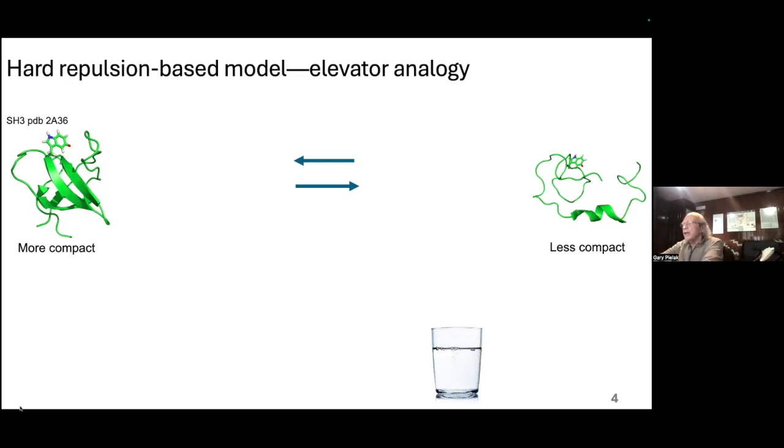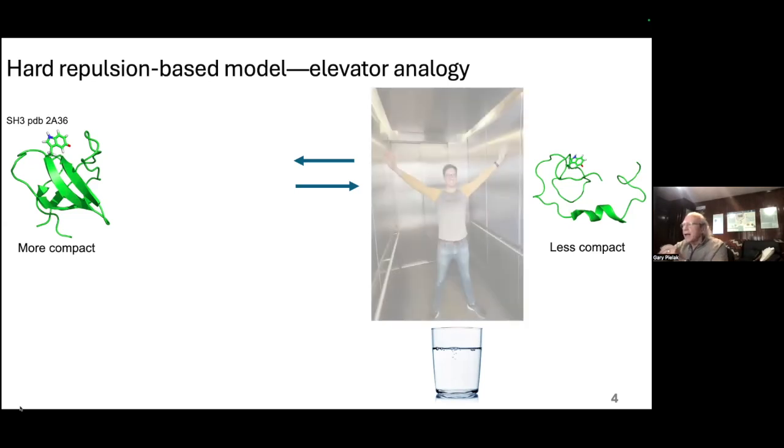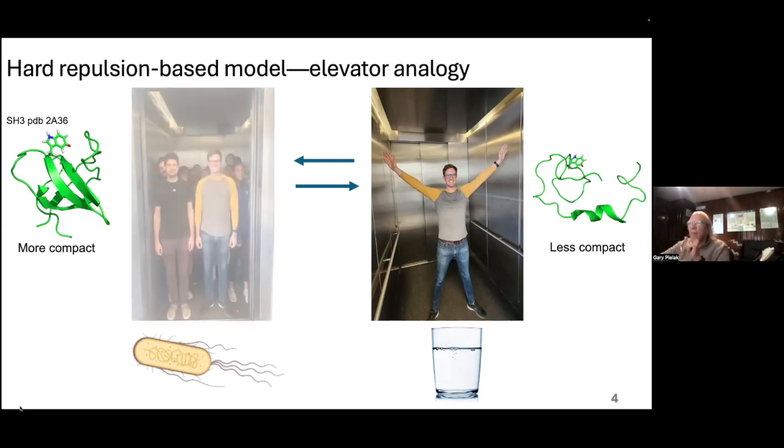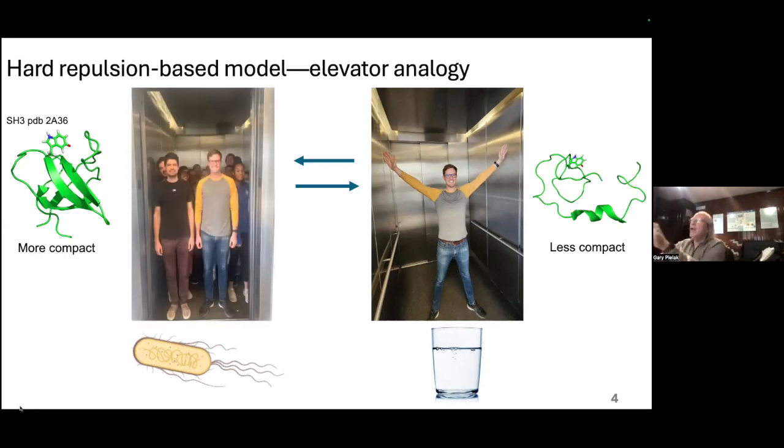If we consider this in just dilute solution, it's like being in an elevator by yourself. You can be compact, you can be less compact, all spread out like Joey is in this elevator. But then, inside a cell, it's much more crowded, so that Joey can no longer be all spread out.